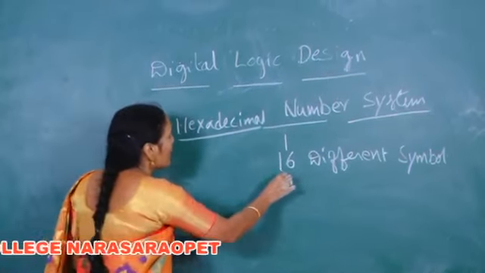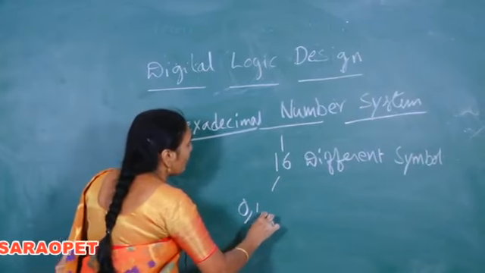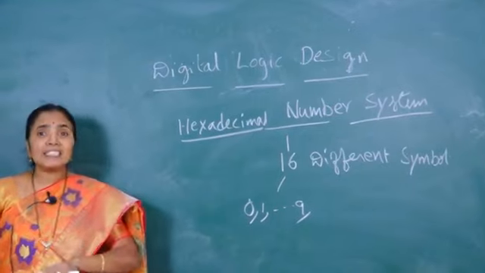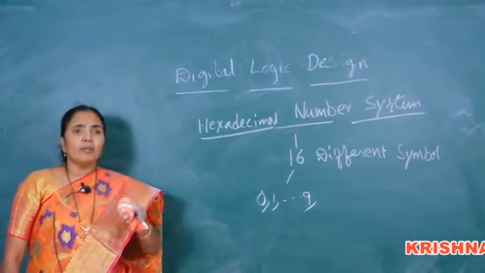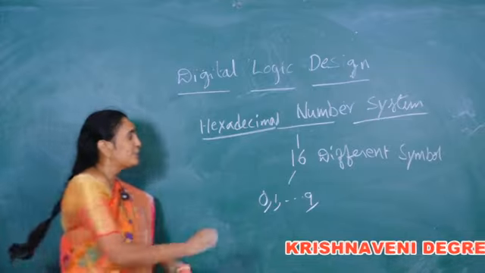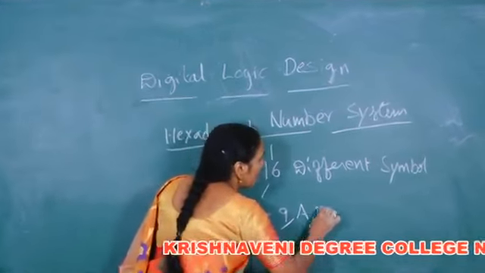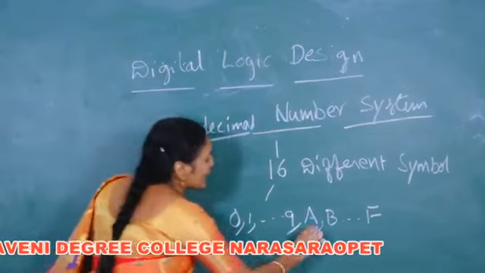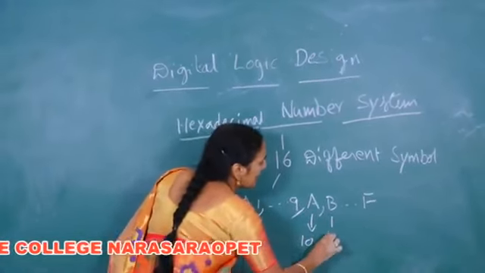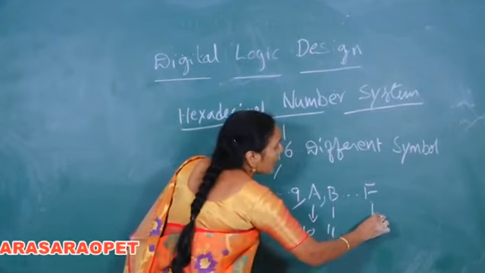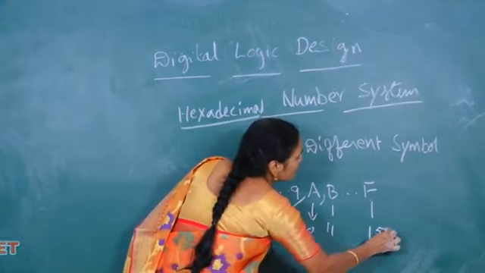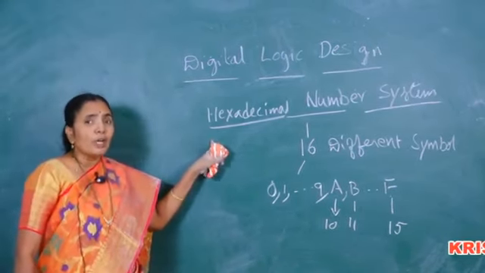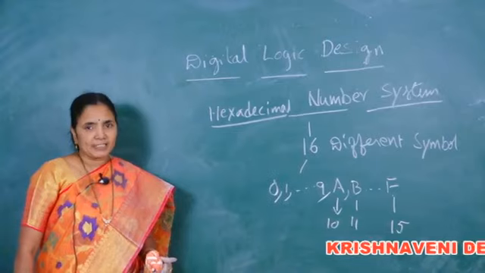So, in hexadecimal numbers, we use the numbers 0, 1, 2, etc. up to 9, and the remaining 6 characters are the alphabets from A to F, A, B, etc. up to F. So, A stands for 10, B stands for 11, etc. and F stands for 15. This number system is also used to represent the memory addresses.